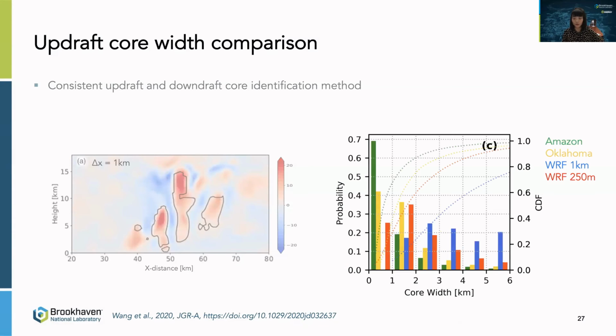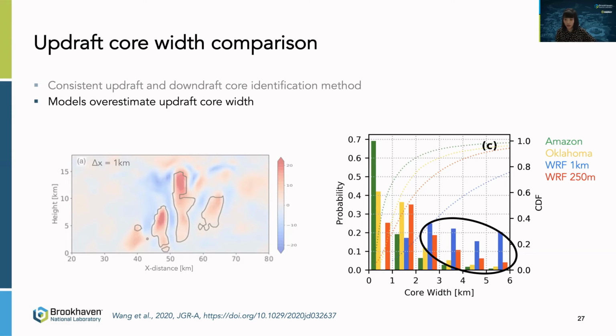And we compare those with the observational data set. So here, green is Amazon cases, yellow is Oklahoma cases, WRF simulations with 1 kilometer resolution are in blue, and 250-meter runs in red. And this is a histogram of core size for updrafts.